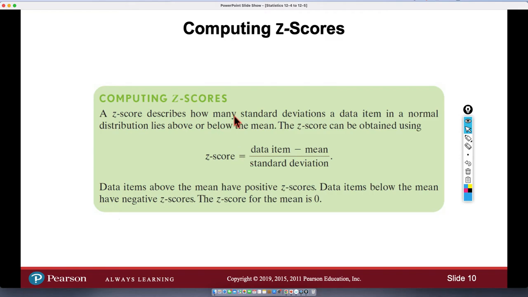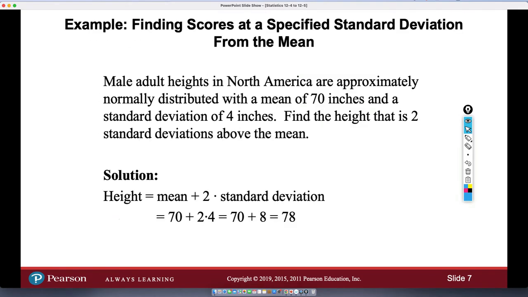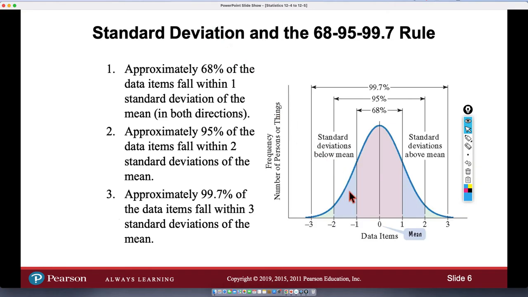Let's back it up here. So what we call these items is 0, -1, -2, -3. These standard deviations, when we calculate them, we call those z-scores. Z comes from the German for integer. So they're the integer values, the 1, 2, 3, the -1, -2, -3.